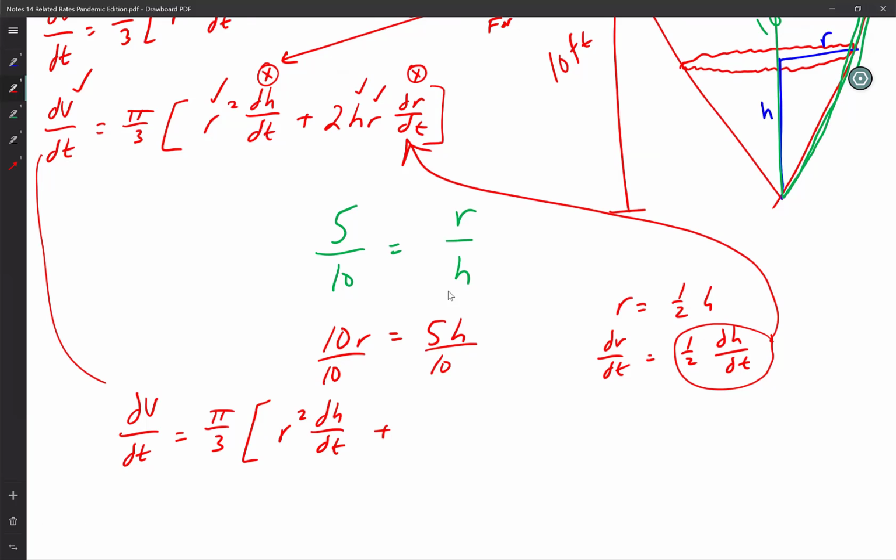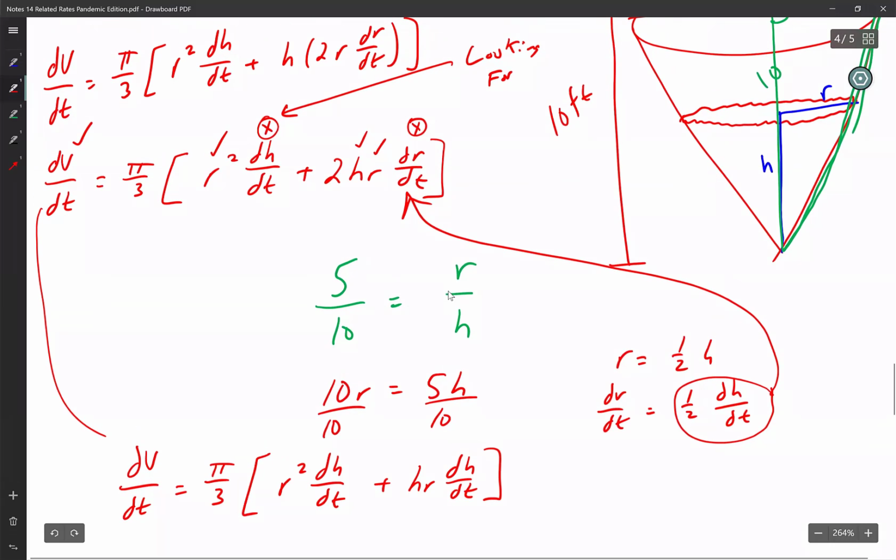There's a half dh/dt. The 1/2 and the 2 go away. So I'm going to have h r dh/dt. Does everyone see what I did there? Now all I need is the r, and I already have it.